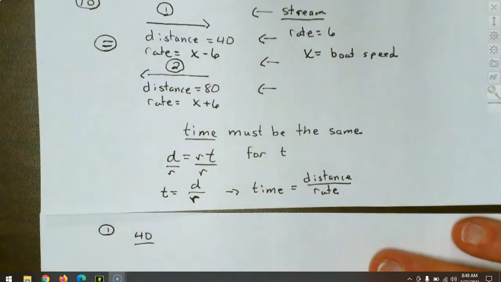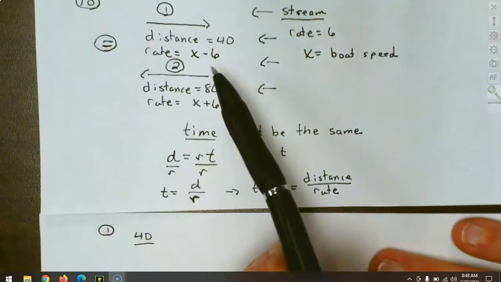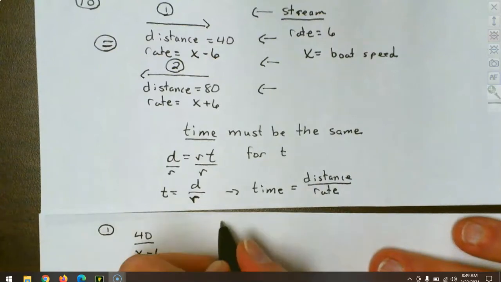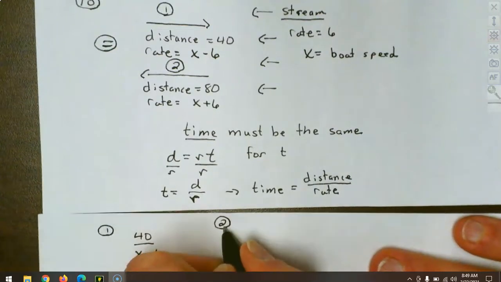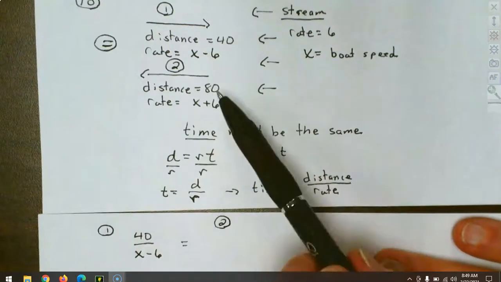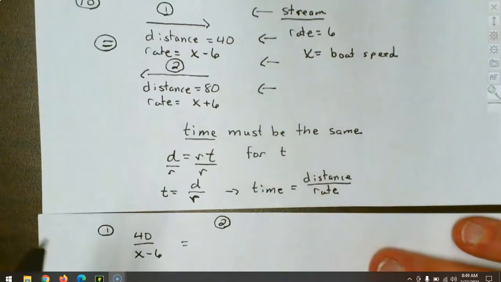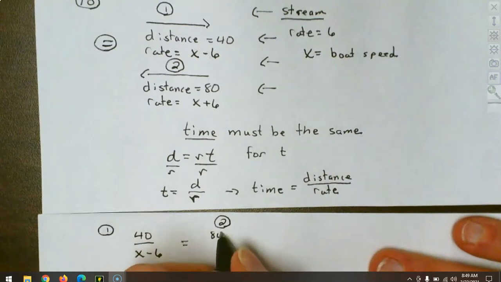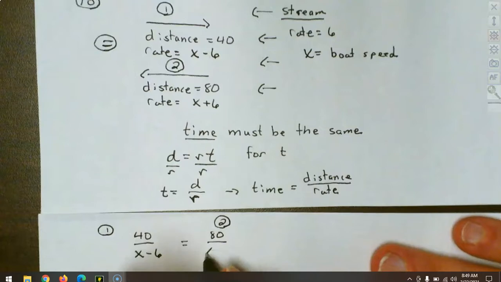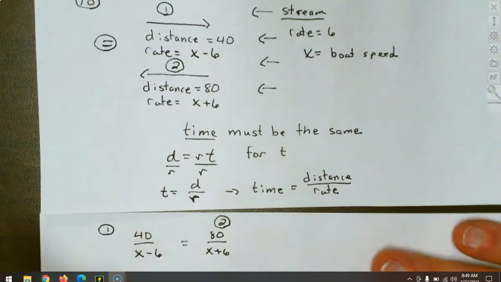And what's our rate of speed? That's here, and that's going to be x minus 6. What is that going to equal for our second one? Well, on the return trip, when we go downstream, that distance is 80, and the rate is x plus 6.